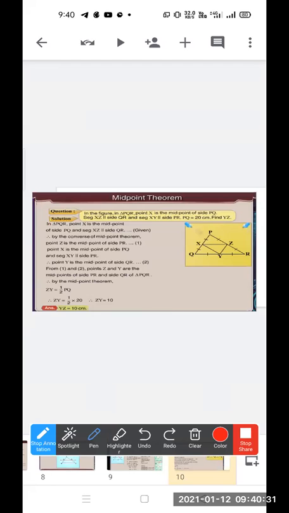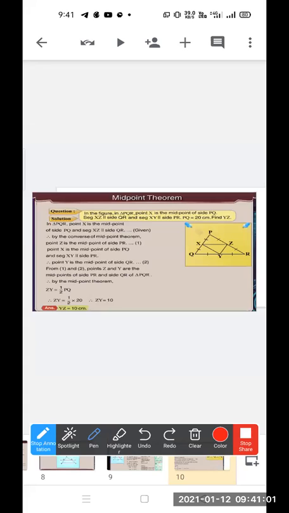Bisecting the third side means here PZ is equal to ZR. So according to the converse of midpoint theorem, point Z is the midpoint of side PR. Is it clear?